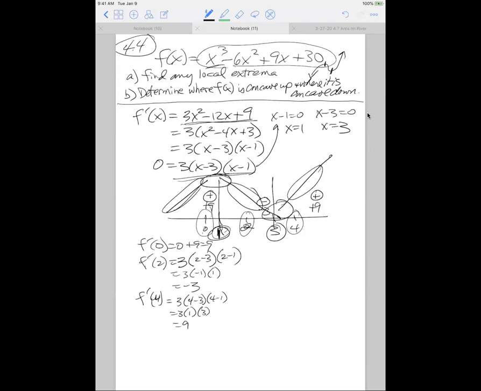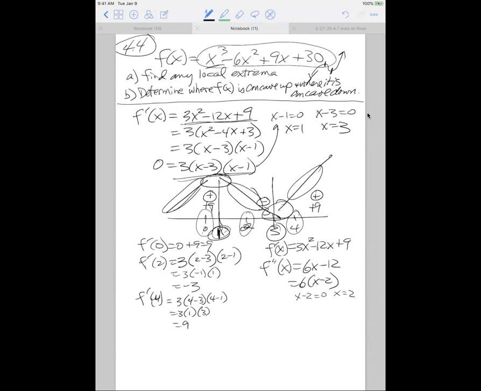So if we find the second derivative, the first derivative is 3x squared minus 12x plus 9. The second derivative then is the derivative of that, which is 6x minus 12, which is 6 times x minus 2. So the second derivative will be equal to 0 at x minus 2 equals 0, at x equals 2.